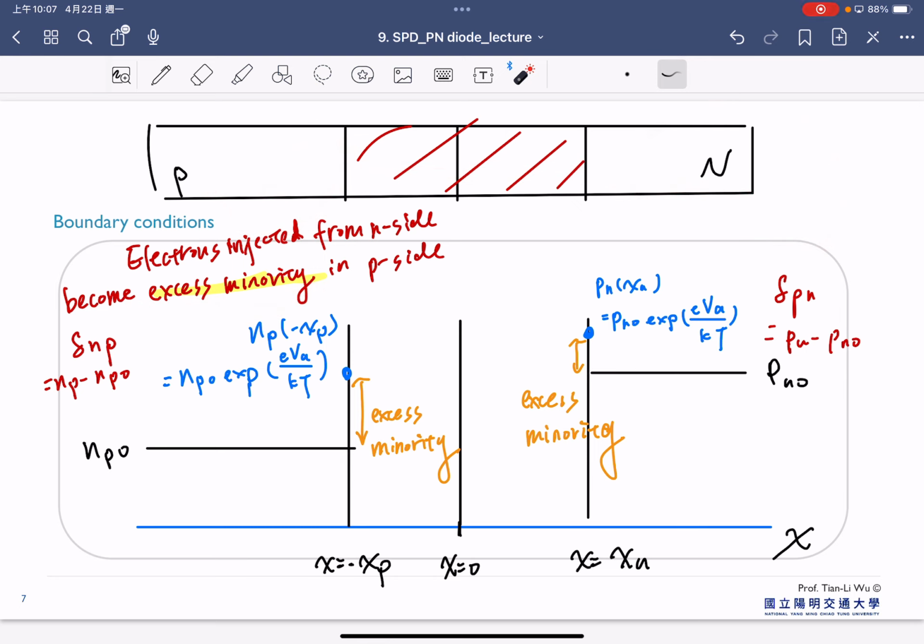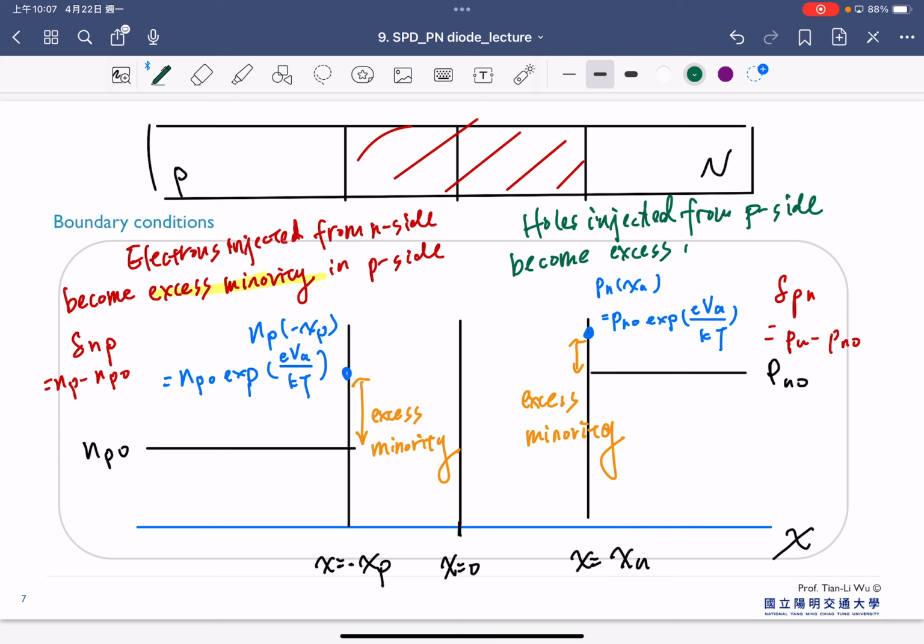Similarly, we also have holes. The holes are injected from the P side, and that becomes excess minority carriers in the N side.